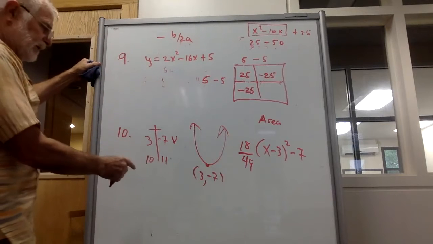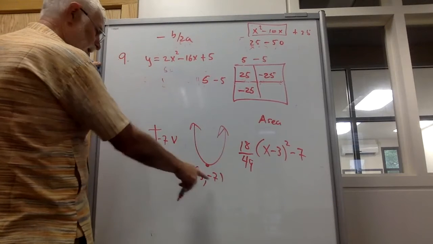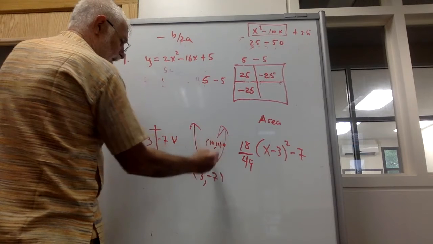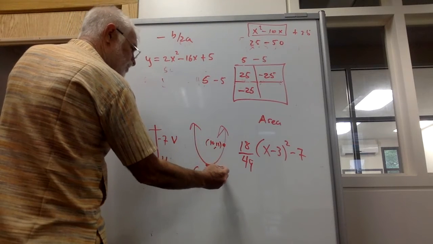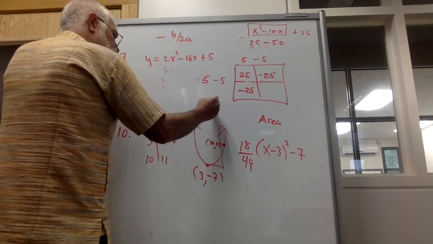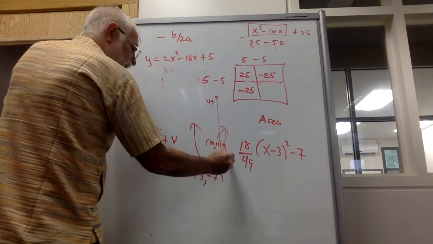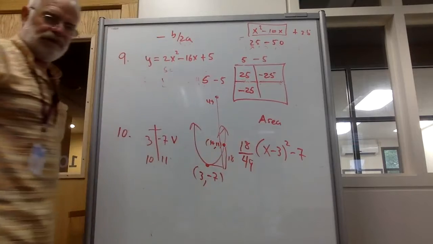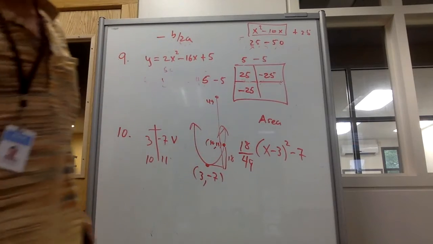Okay? So that's in 3, 10, 3, -7, 10, 11. So if I went over 7 units and squared, I should have gone up 49. I should have gone up way up here, 49 units, but no, I went up 18. So it's a fractional amount of change that I'm introducing to you here.